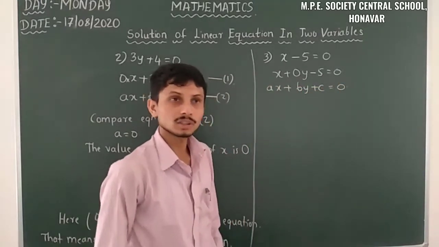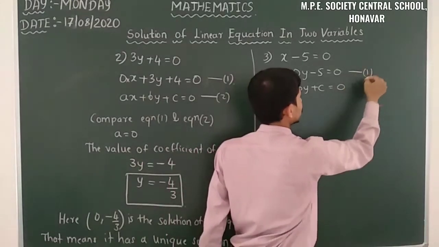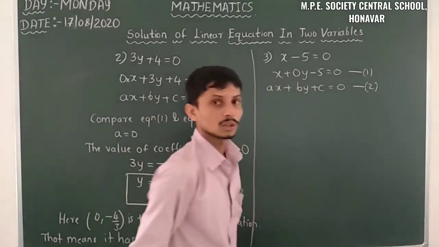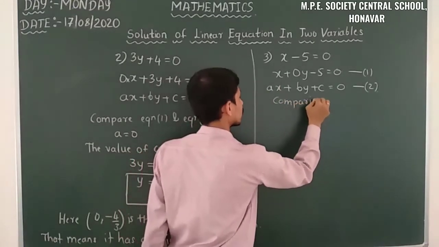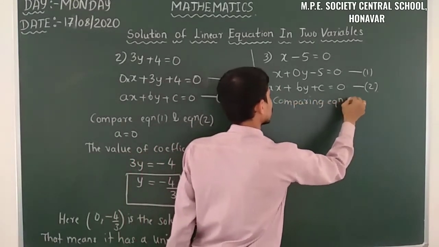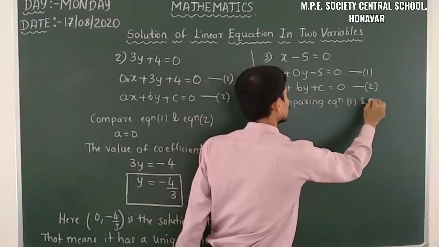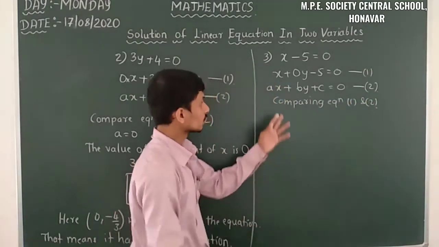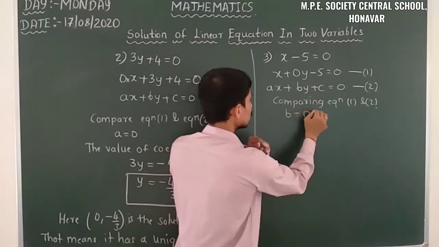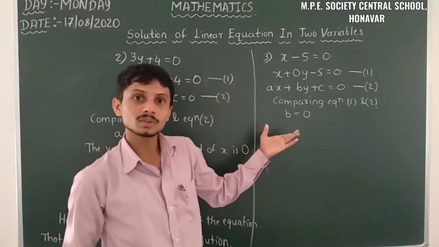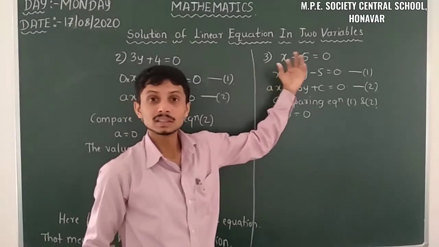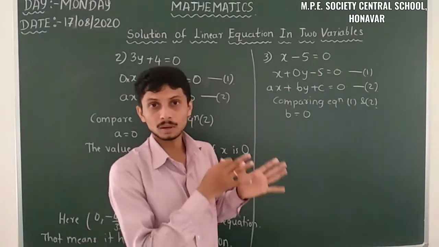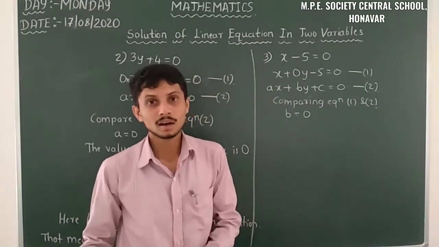Then comparing equation 1 and 2, I will take this as equation 1, then equation 2. What do we get here? So here the value of b is equal to 0. Then what about x here? We have to transpose the constant term to the RHS side.